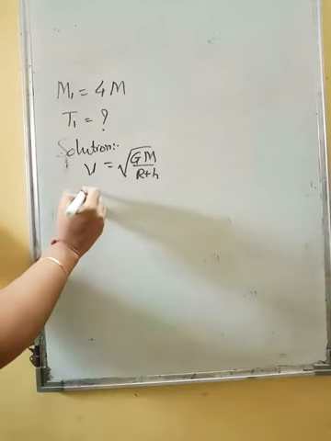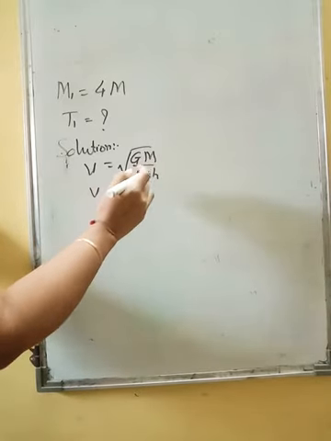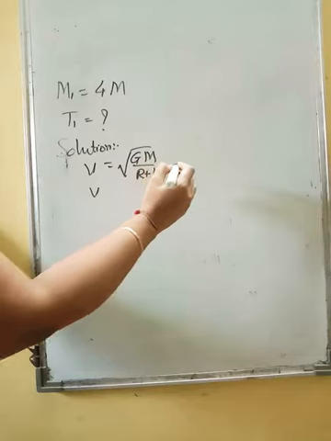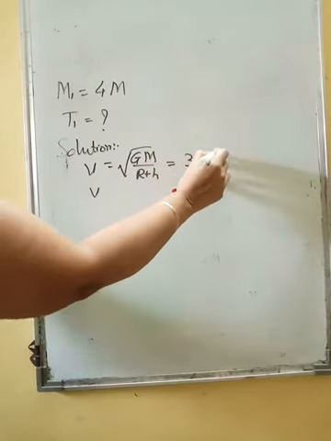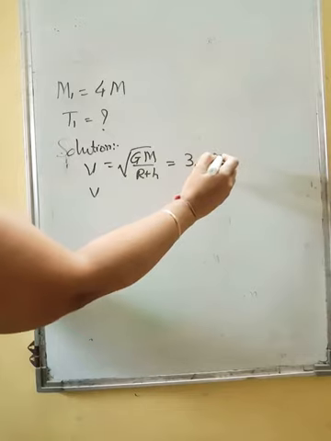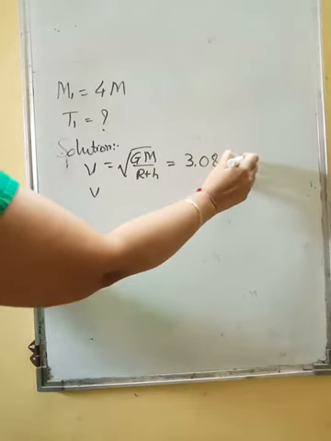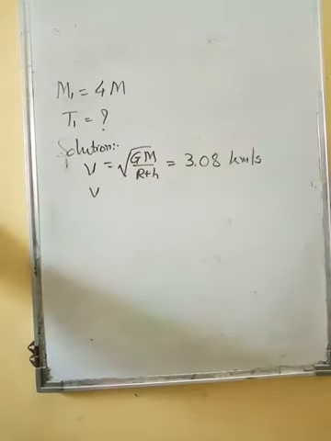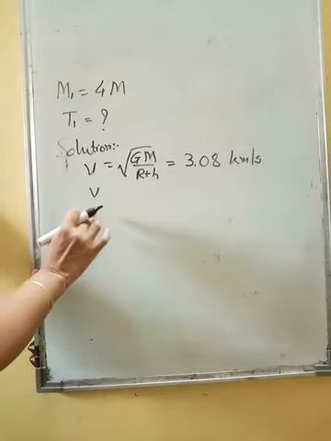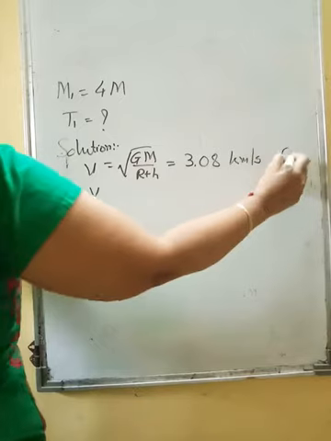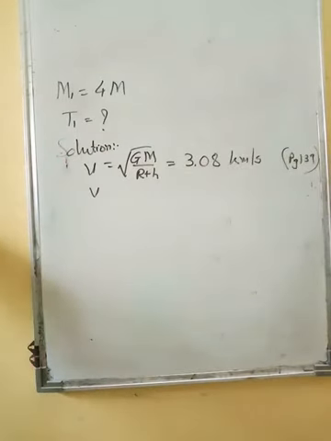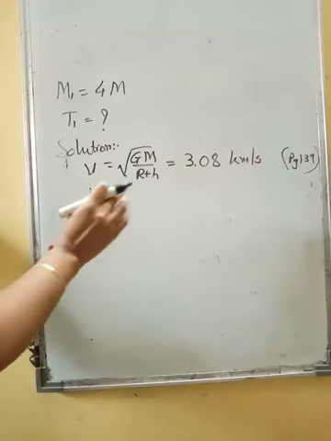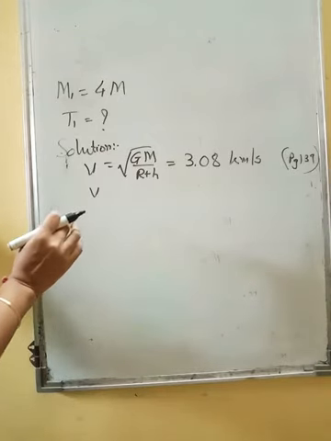Now this is about the earth, and that answer we know: you are going to get 3.08 kilometers per second directly from page number 139. The calculations are already there, so learn those values, right? So this is the velocity.